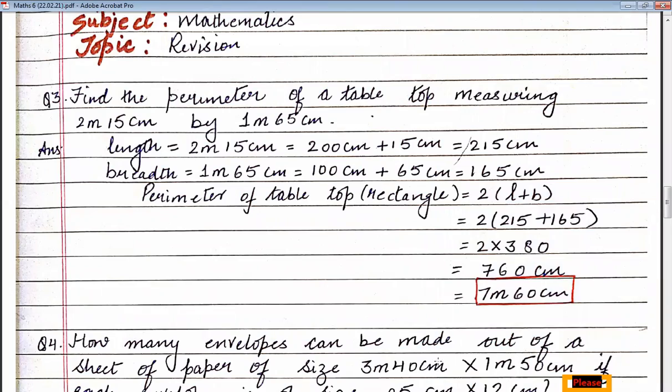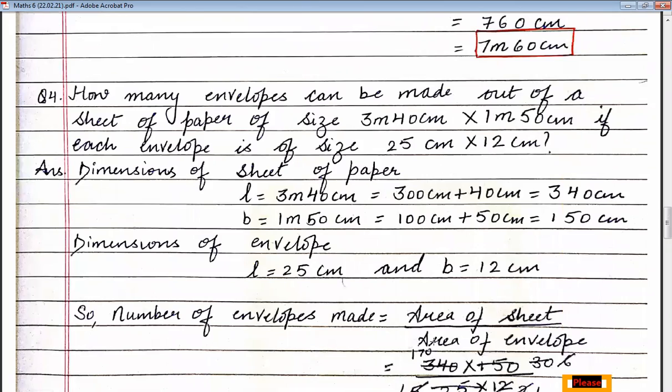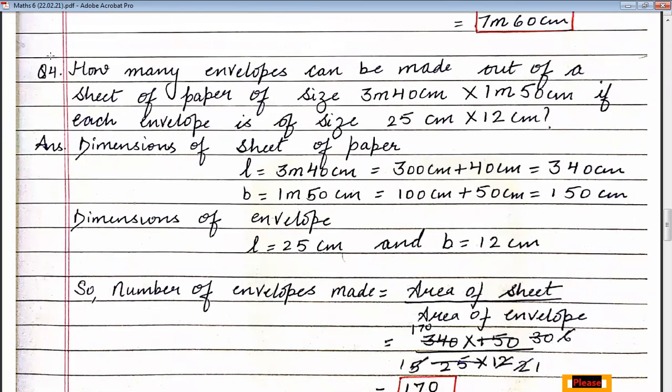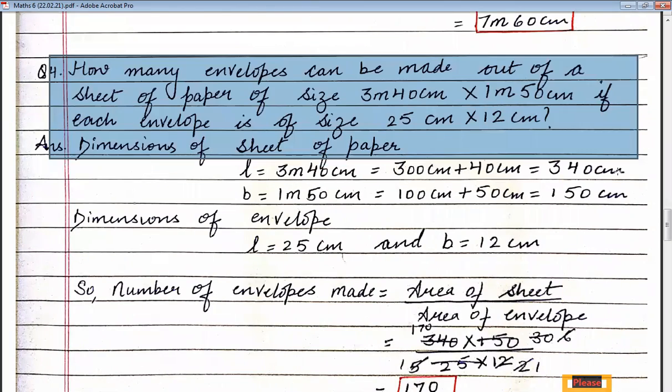Now let's move on to our question number 4. How many envelopes can be made out of a sheet of paper of size 3 meter 40 centimeter by 1 meter 50 centimeter if each envelope is of size 25 centimeter multiply 12 centimeter?